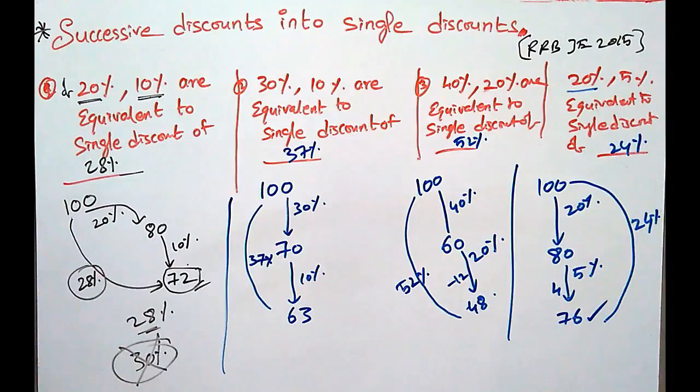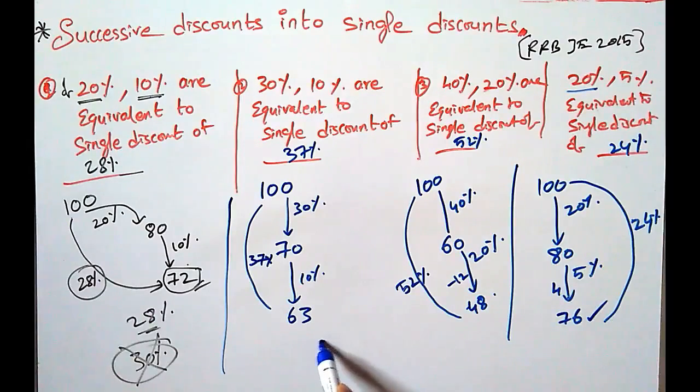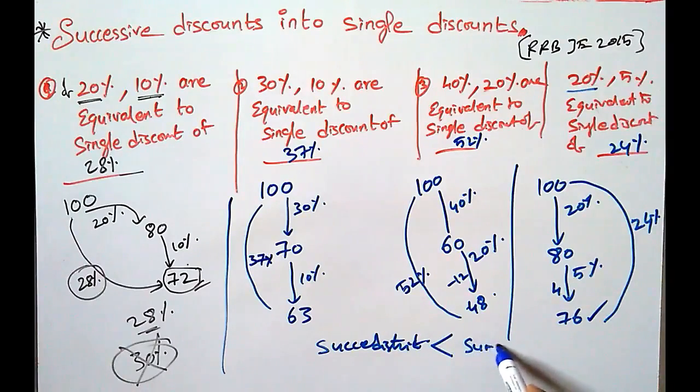Okay, friends, by this you have come to know that the actual successive discount is always less than the sum of the discounts.